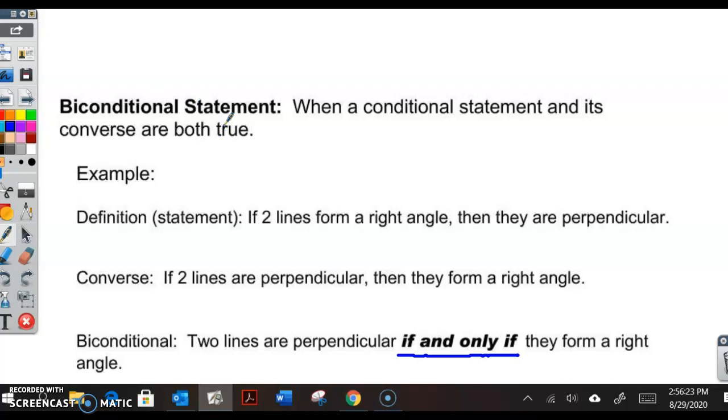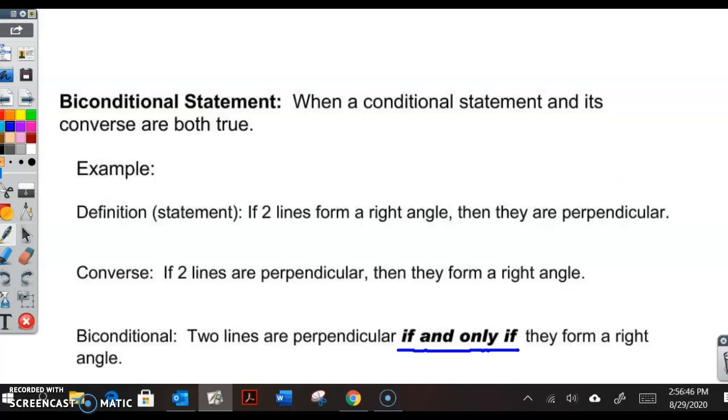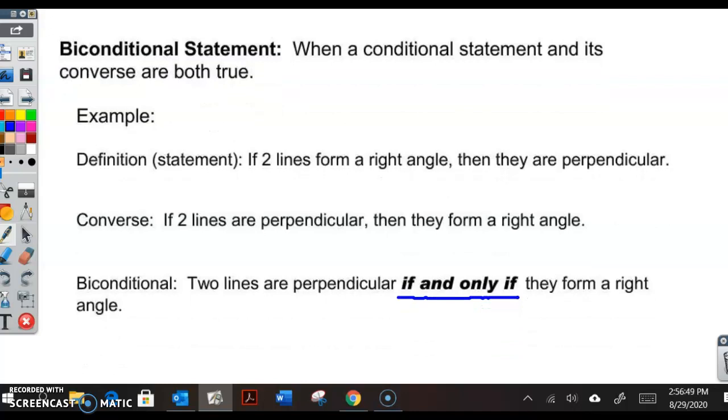Okay, biconditional. This is what some people have trouble with sometimes. Sometimes you have a conditional statement, and both the original statement and its converse, when you flip the hypothesis and the conclusion, are also true. So if two lines form a right angle, then they are perpendicular.